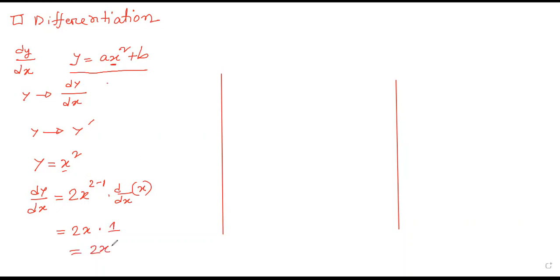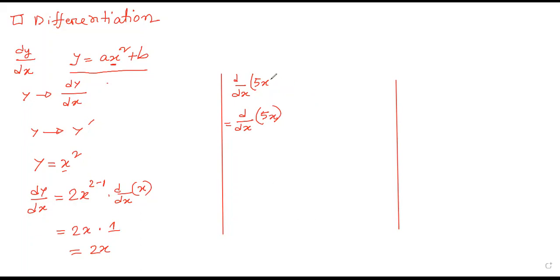When we differentiate x, it will be 1, like d by dx of 5x minus 3. So it will be d by dx of 5x. Here is the constant now.